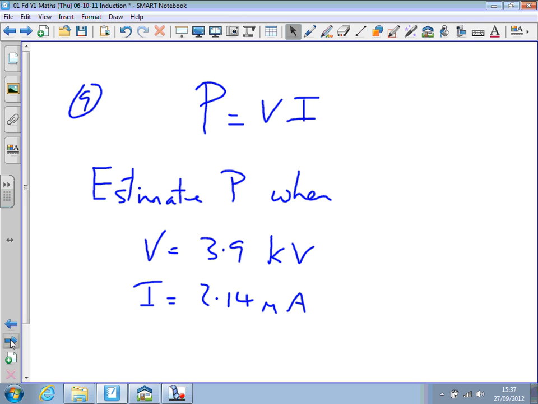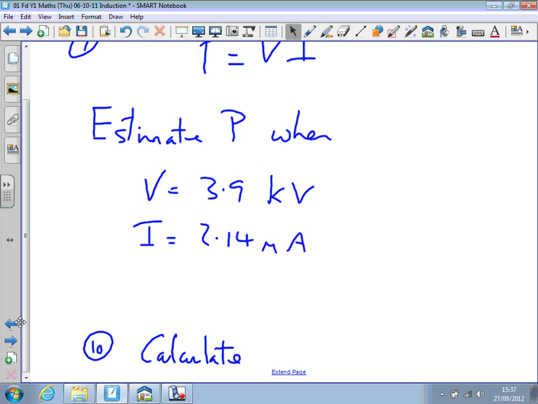Number 9. Estimate the power when the voltage is at... I did give you a little bit of help with the units, kilo and milli. They effectively cancel each other out.